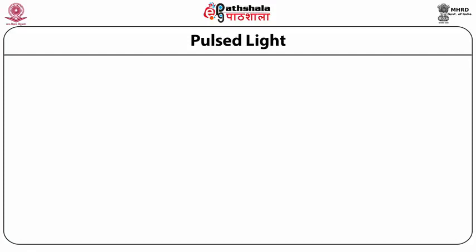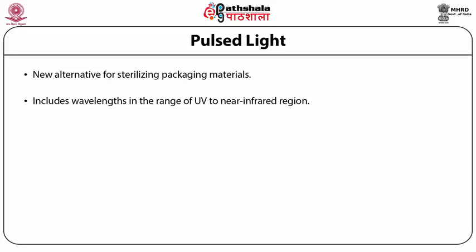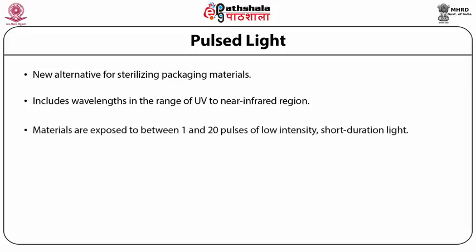The technology of utilizing short pulses of light is a new alternative for sterilizing packaging materials and processing equipment in aseptic packaging. The spectrum of light used for sterilization includes wavelengths in the range of ultraviolet to wavelengths in the near infrared region. The material to be sterilized is exposed to at least one pulse of light having an energy density in the range of about 0.01 to 50 joules per square centimeter at the surface.